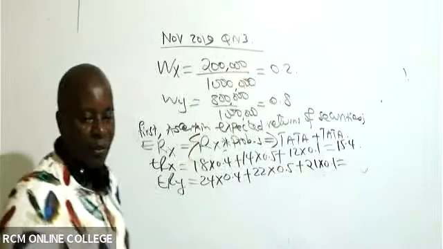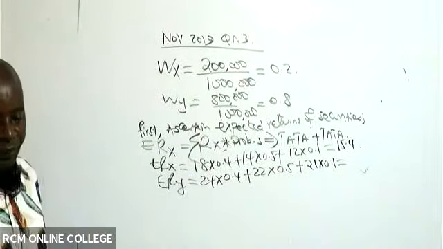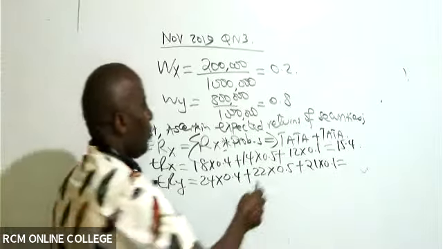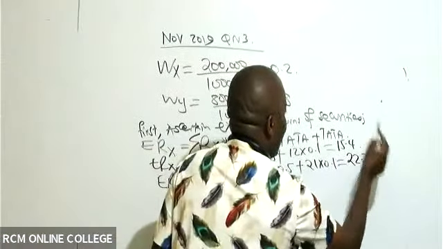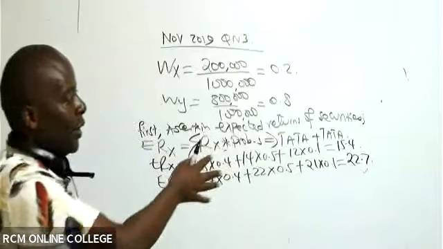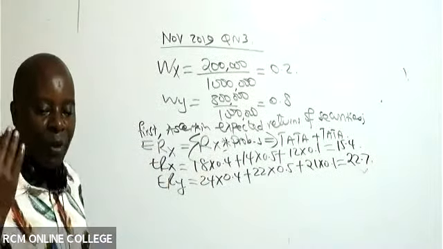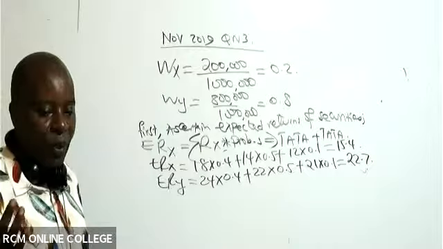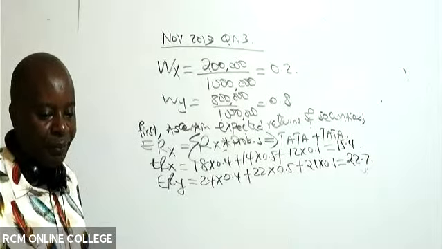What are we getting, ladies and gentlemen, here? 22.7. Thank you so much. Of course, those figures are percentages. Up to here, have you guys been able to follow?